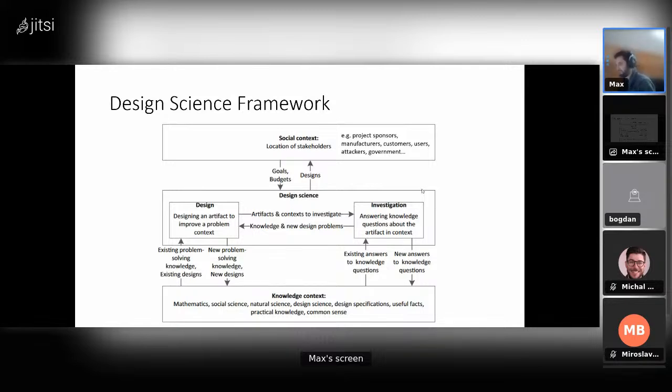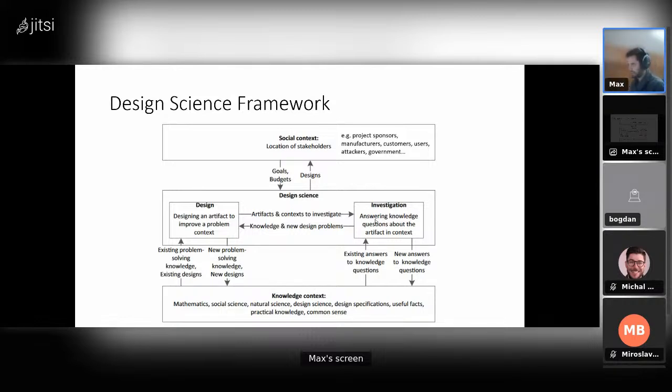On the other hand, you have the knowledge context. It's all the things that you already know. It can be mathematics, natural science, in our case design specification, or all the things that we know in IT.